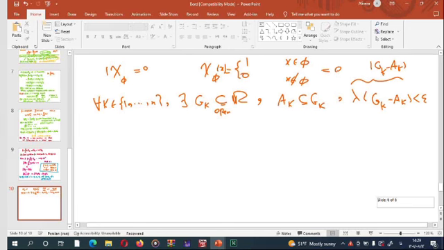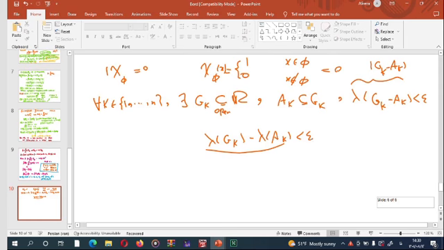So that lambda of G_k minus lambda of A_k is less than epsilon, so we can choose G_k such that this is less than epsilon for arbitrary epsilon.